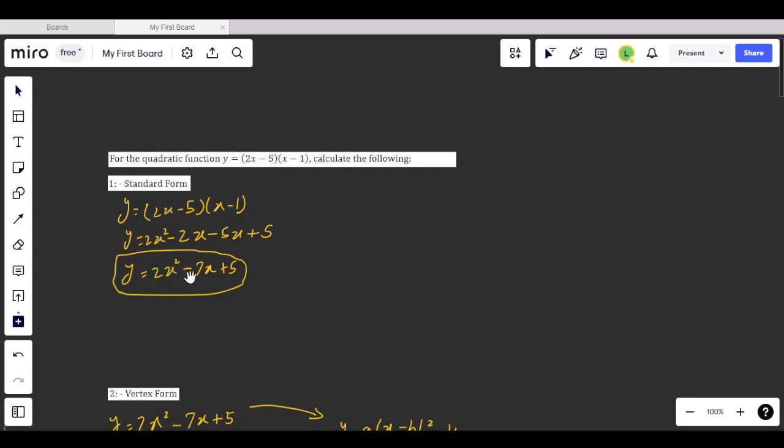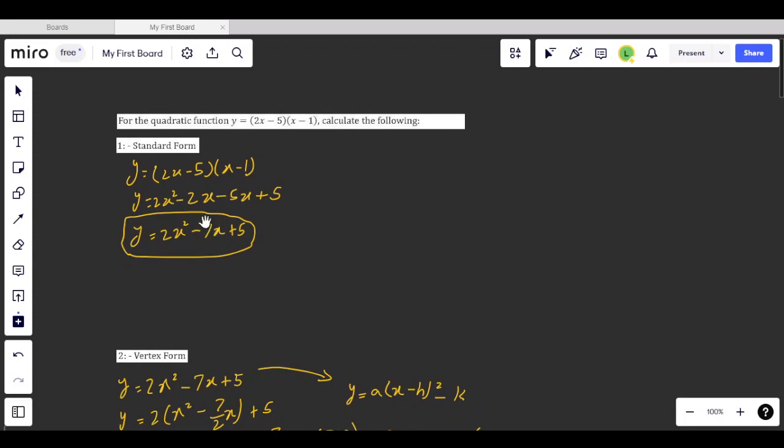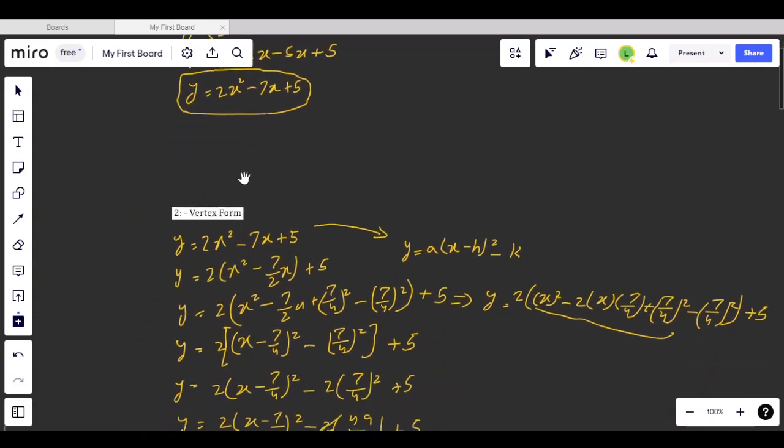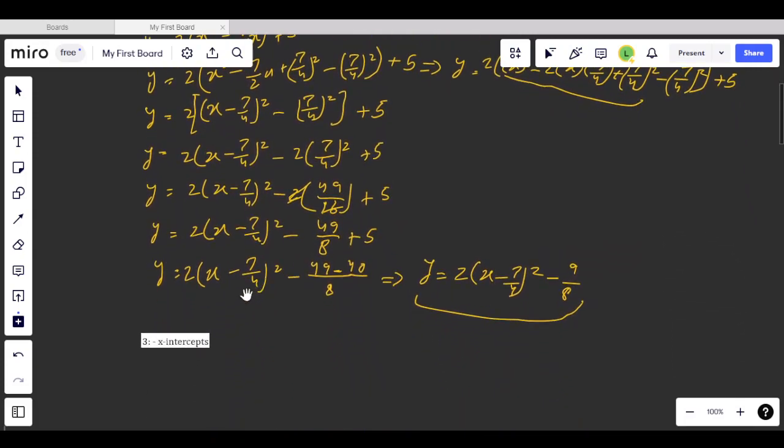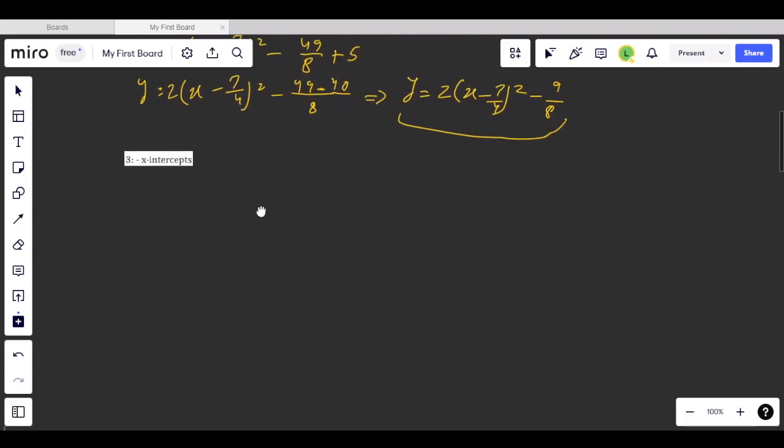Otherwise we can use this function too, but we need to factorize it, or use the completing square method, or the quadratic formula method, whatever you find easy. Now let's use the factorized form, that is 2x minus 5 into x minus 1, to find the x-intercepts.